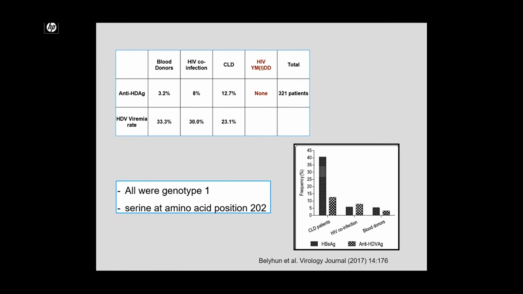And there was clear homogeneity. One thing in red here is also important for research purposes. Individuals with HIV have lamivudine exposure, and lamivudine exposure causes the YMDD mutations. All of those tested were negative for the antibody.